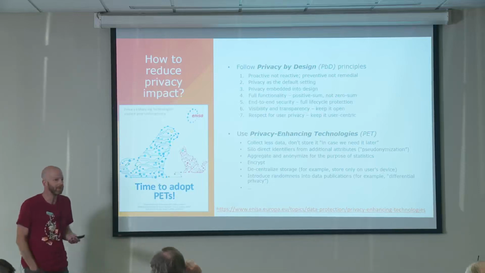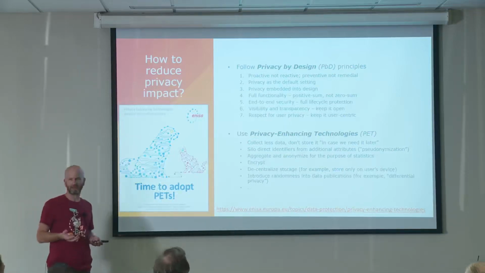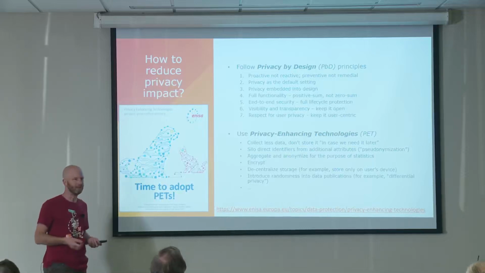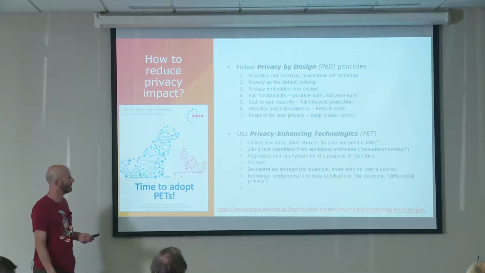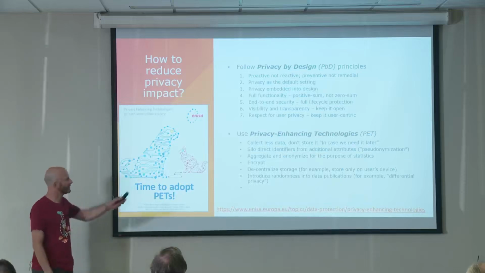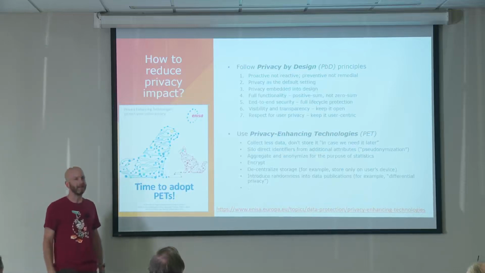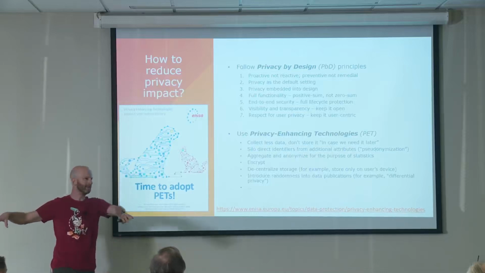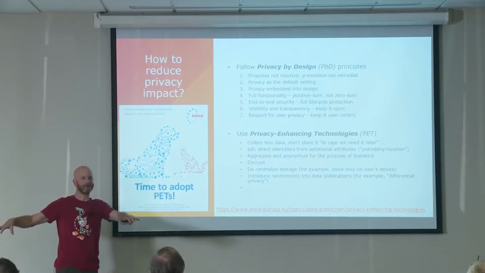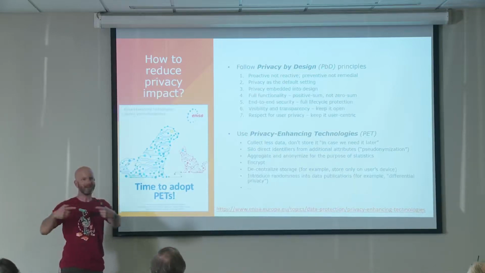It starts with, let's just not collect the data, or once we have identity proofed you, let's delete your social security number instead of storing it in our database forever. It could be what's called pseudonymization. Let's keep identifiers over here in a data silo and other data that we need for statistics somewhere else, and we only re-identify, put those together, if we need to, but we keep them in different silos.